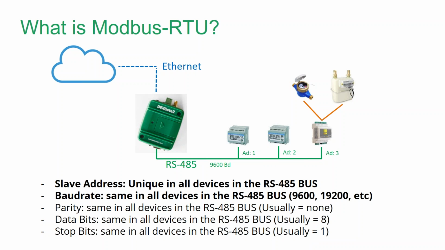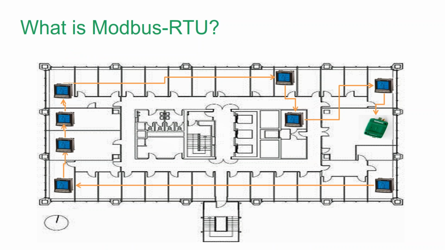And what does Modbus RTU look like in a building? It's something like this. You have lots of meters placed in different rooms of your building. This is the same floor, but think that you can have one on the first floor and another on the second or fifth floor, okay?